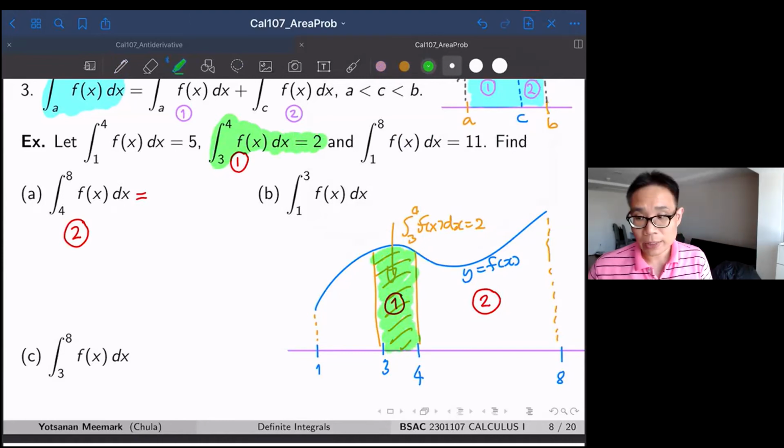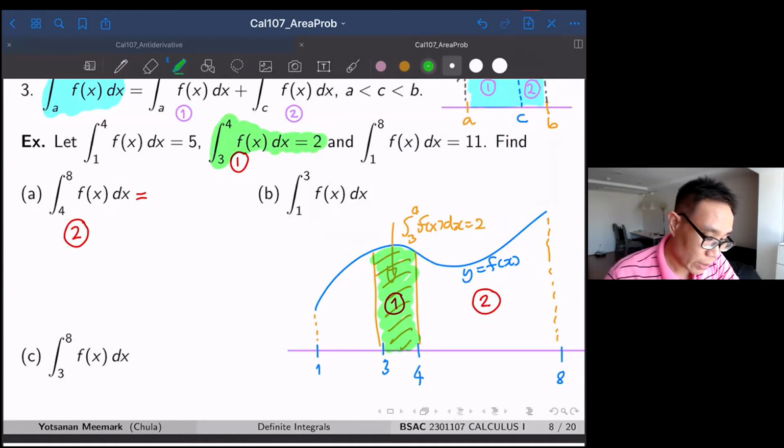Okay, so that's my part. And you need the second piece like this. So you see that the second piece turned out to be the area, so we need number 2, right? So we need number 2.